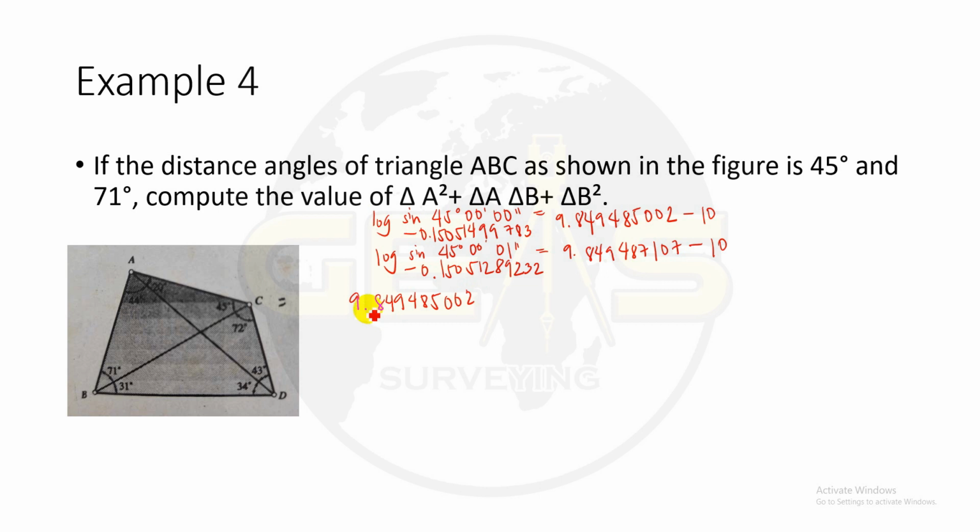So let's move the decimal point. So 1, 2, 3, 4, 5, 6 here. So for the 45 degrees 0 minute and 1 second, 9.849487,107. Okay, let's move the decimal point. 1, 2, 3, 4, 5, 6.